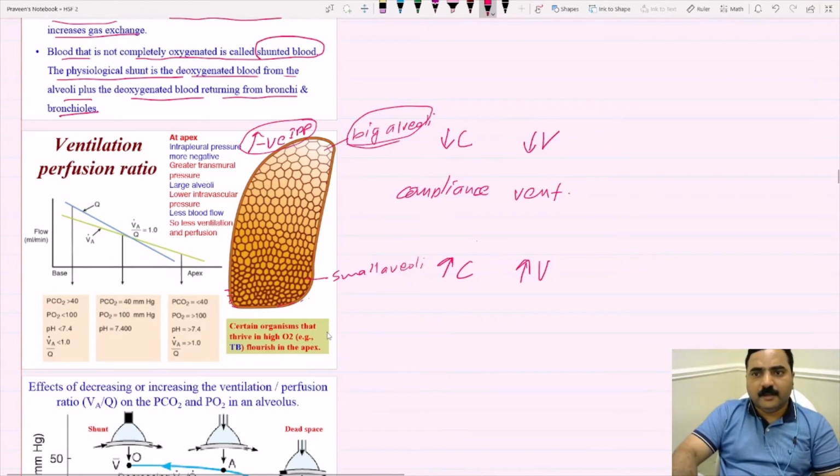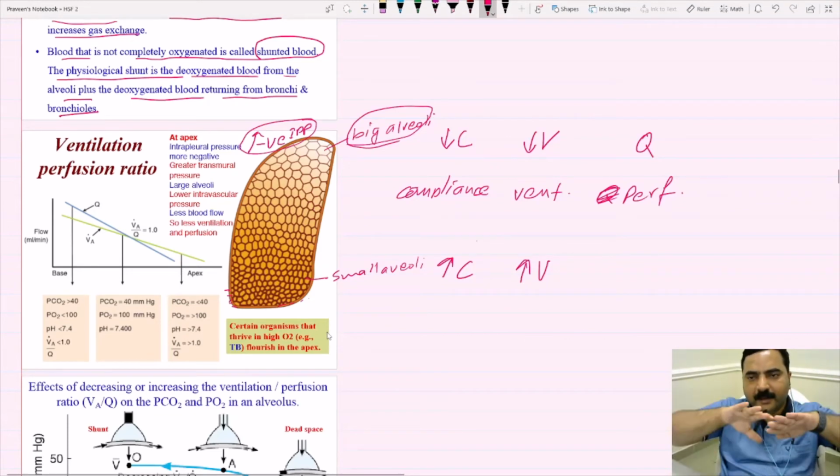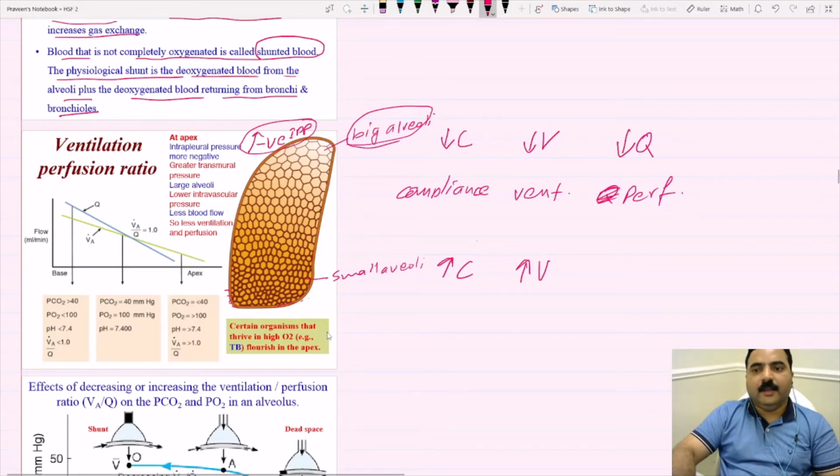What happens to the perfusion, the Q? Because the alveoli is big and is compressing the blood vessels, the perfusion is also less over here. Here the alveoli is small, so the blood vessels are easy to flow, and there will be more perfusion over here.